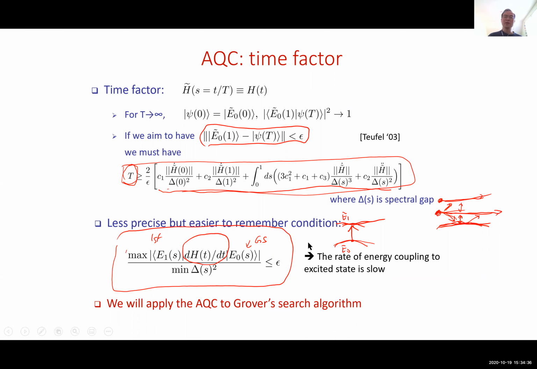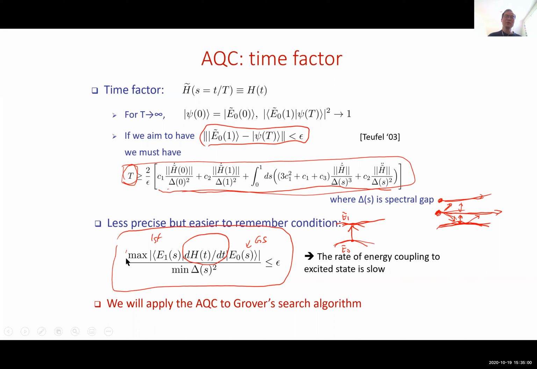I want to maximize the transition rate over all the region, and I want the maximal rate to be smaller than the minimum gap squared. This minimum is taken over all the region. Does that make sense?